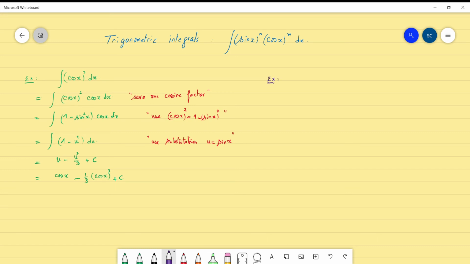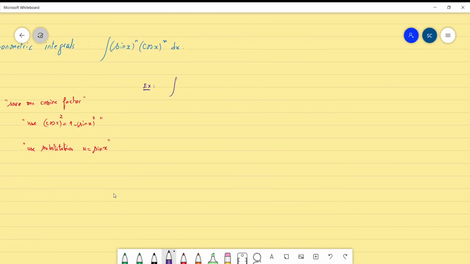It is about finding the antiderivative of sine x power 5 and cosine x power 2, cosine x dx. So here is how we will proceed.